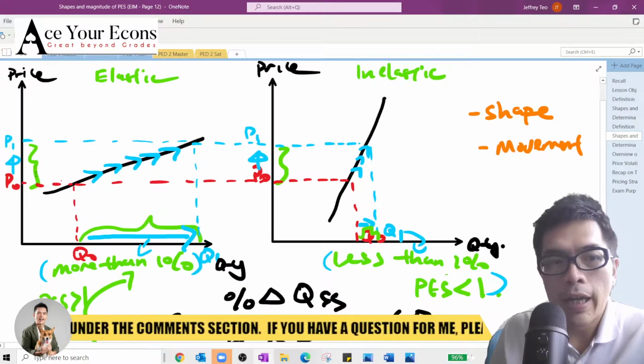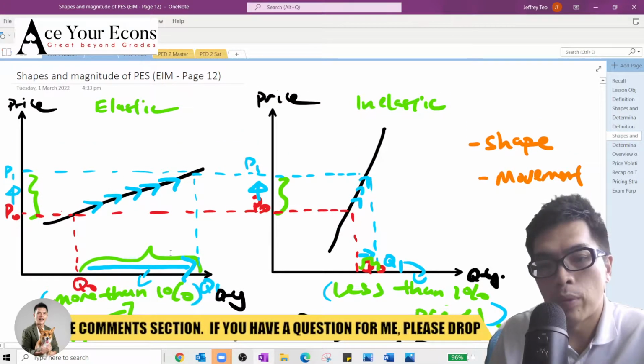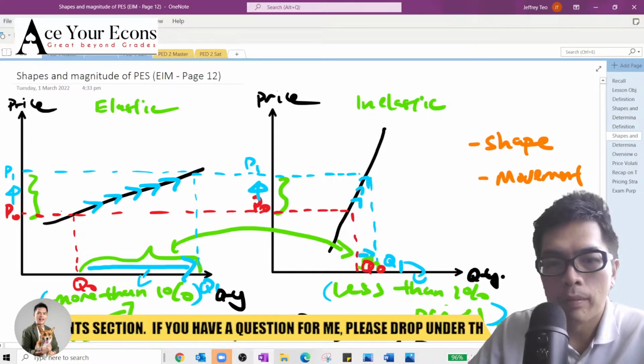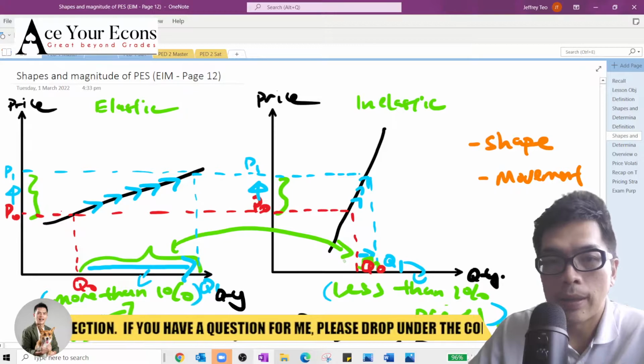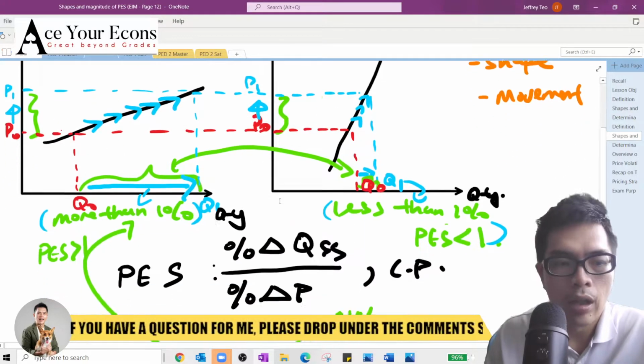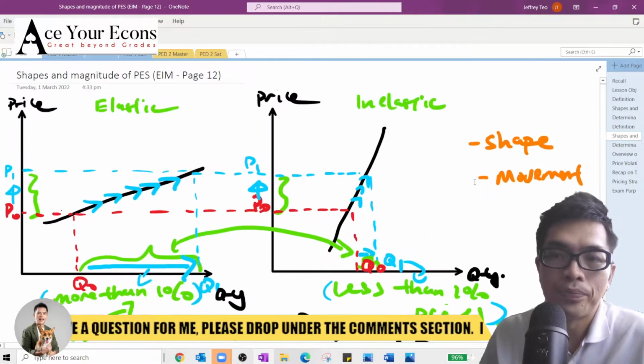So we can see that for a given increase in price, the one on the left responds more than proportionately. You see, the size is so much bigger as compared to a minimal increase in quantity supplied on the right. That's why the one on the left is said to be more sensitive. PES is greater than 1. The one on the right, lesser than 1.